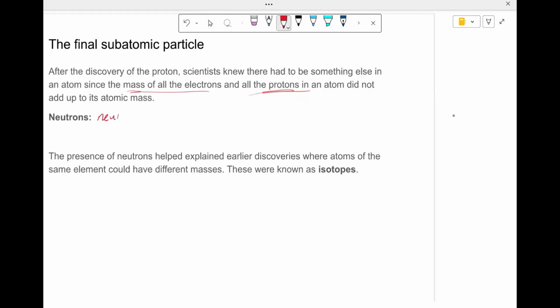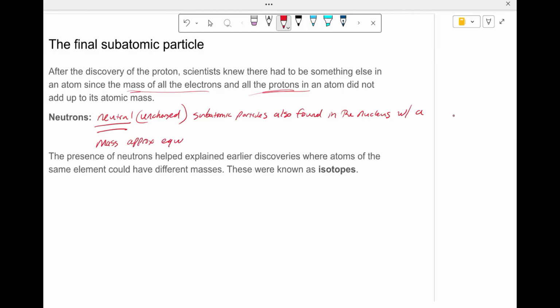Neutrons are neutral, and I would circle, highlight, star that, uncharged, or that's what neutral means. So neutral subatomic particles also found in the nucleus with a mass approximately equal to protons.